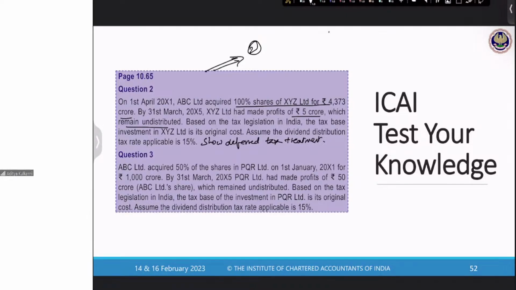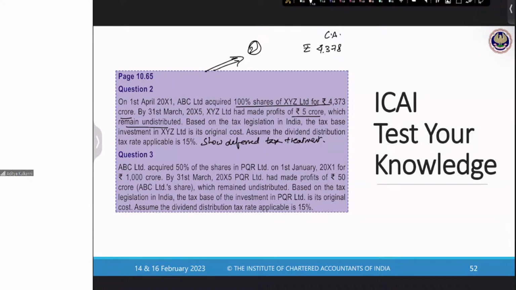See, the carrying amount is going to be 4,378. Sir, how? Arey, it will be 4,378. You paid 4,373 and the profits of 5 crores are also going to be added to you. Sir, what if it is undistributed? You are controlling the subsidiary.